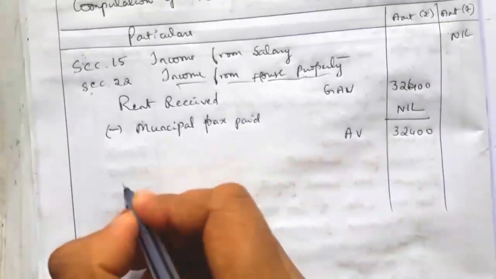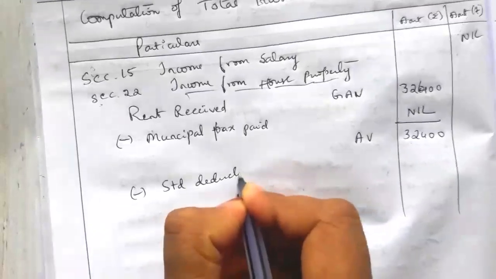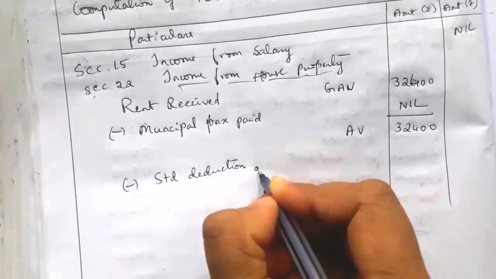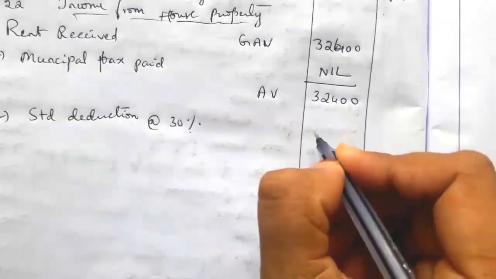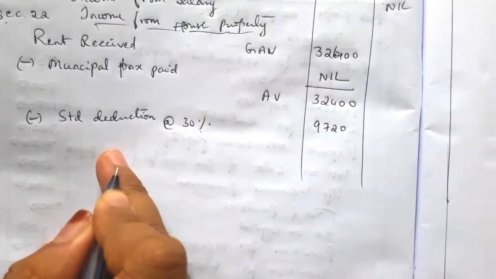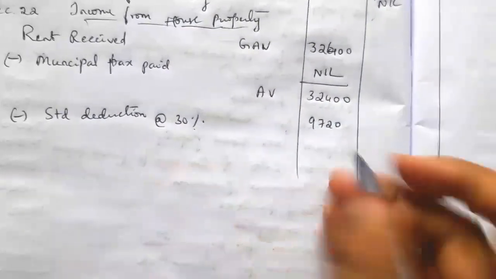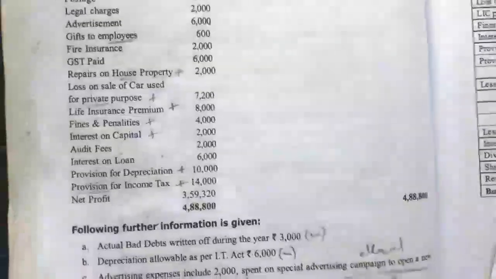From the annual value we have to give a standard deduction at 30%. So that is 32,400 into 30%, which is equal to 9,720. If there is interest on loan, then that deduction is also deductible here. There is no interest on loan for a residential purpose.